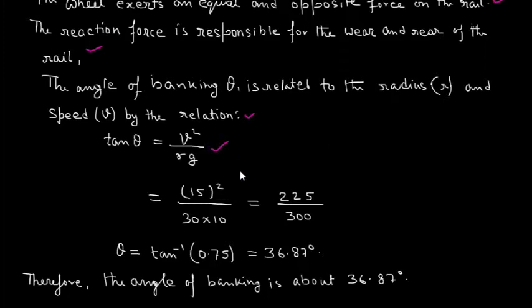Putting the values of v, r and g, we get 15 square upon 30 into 10 is equal to 225 upon 300. Theta is equal to tan inverse 0.75, that is 36.87 degree. Therefore, angle of banking is about 36.87 degree. Now let us move to the next question.